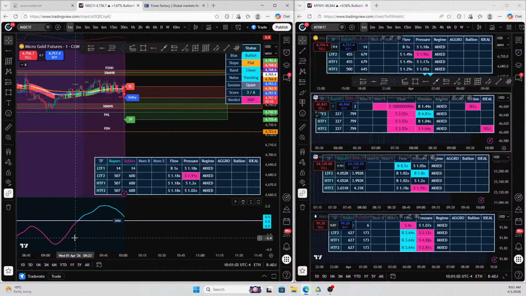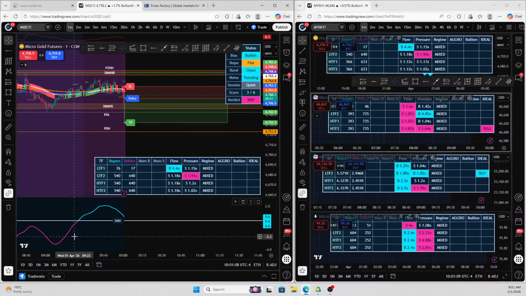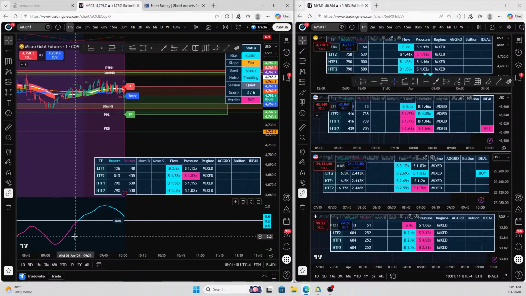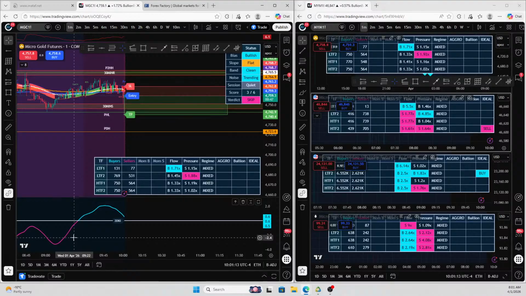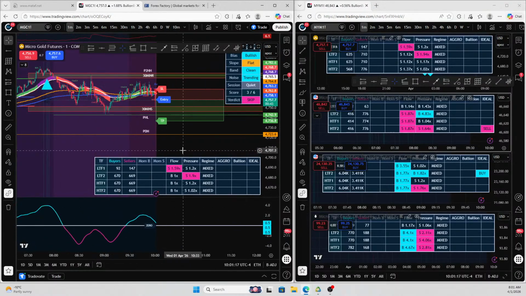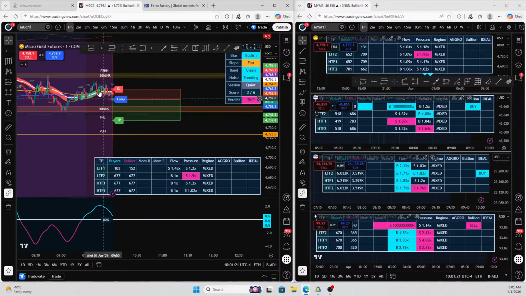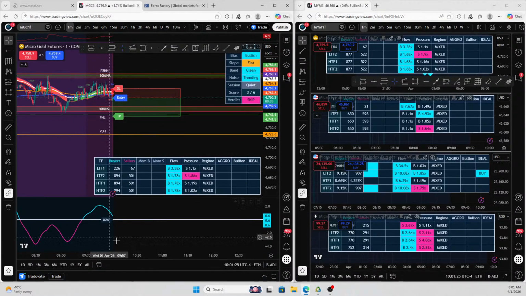Yeah, no trade right now. We're not taking any trades, guys, right now. Because remember, we are in this range. For sell to be valid, we want to see sellers dominating in the market.